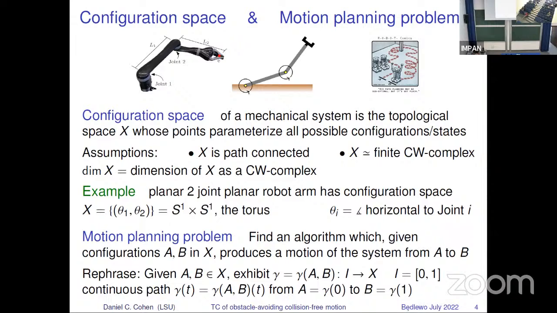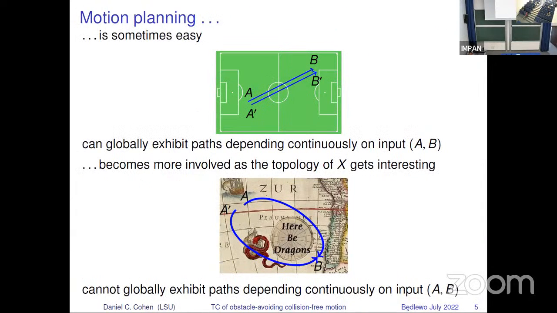In other words, given 2 points in the configuration space, you'd like to make a continuous path from point A, the initial point, to point B, the terminal point. So these considerations showed up in Professor Carlson's talk yesterday, but the perspective is slightly different, as I think you'll see as we go along.